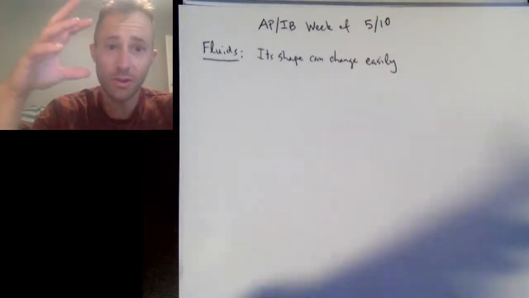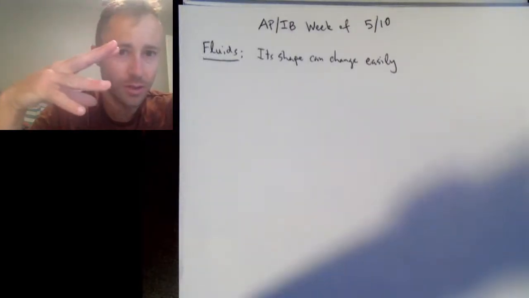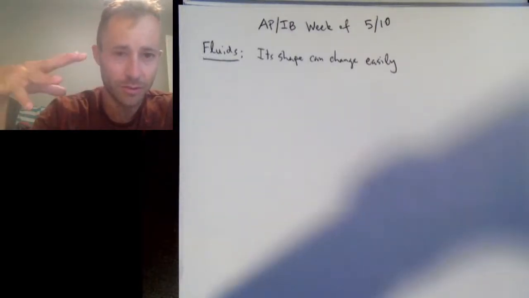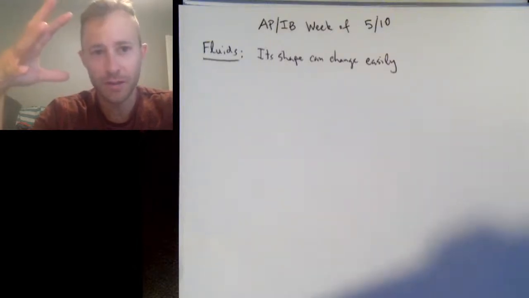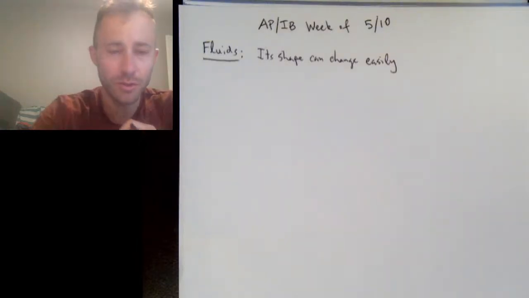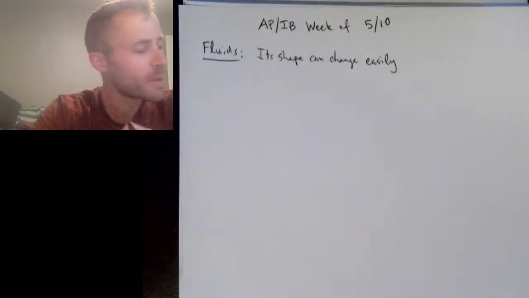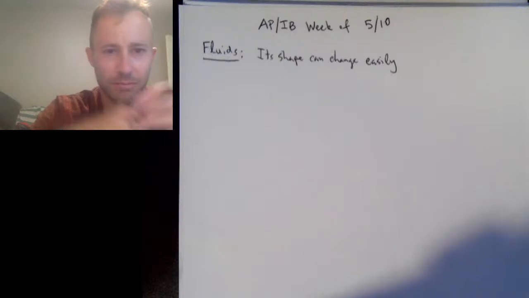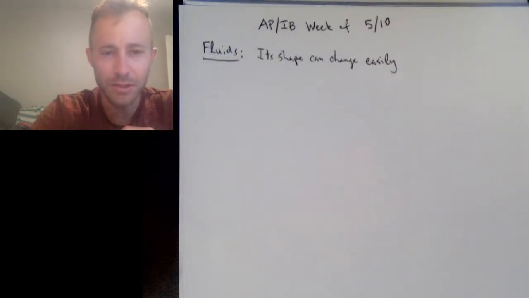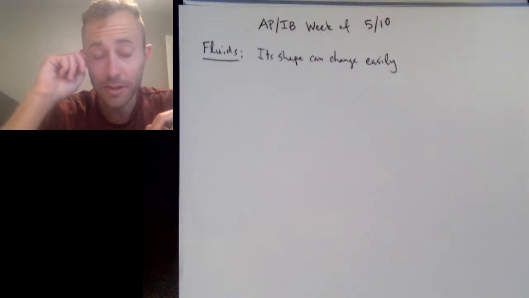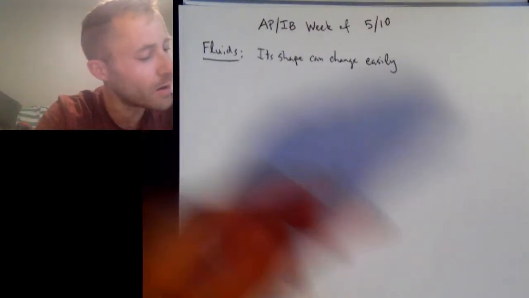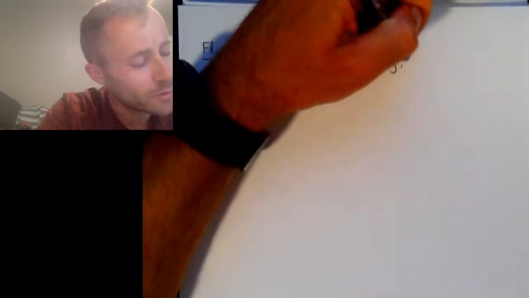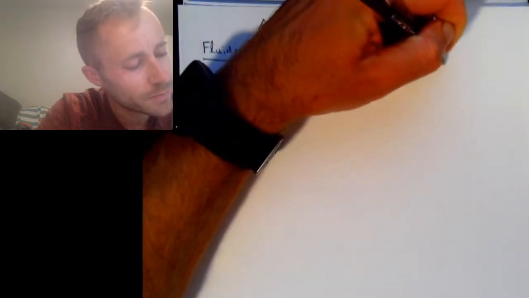So, for example, a solid, you can distort a solid, but when you let the solid go, it will shift back, or at least partially back, to its original position. So, fluids, you change the shape, and it doesn't take any effort to maintain that shape, and it'll happily keep that shape forever. So, no memory of previous shape.